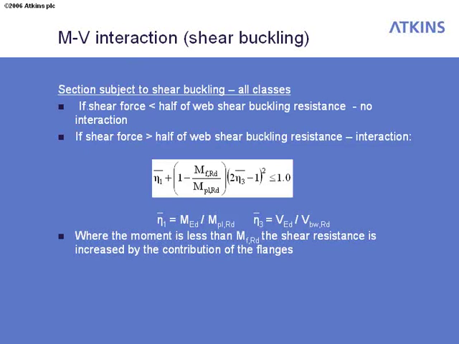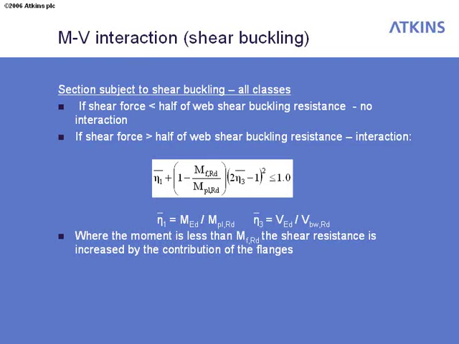If you do have shear buckling within the section, you have slightly different interaction criteria that apply. Basically here again, if the shear force is less than half the web shear buckling resistance, you don't have any interaction between the moment and the shear.